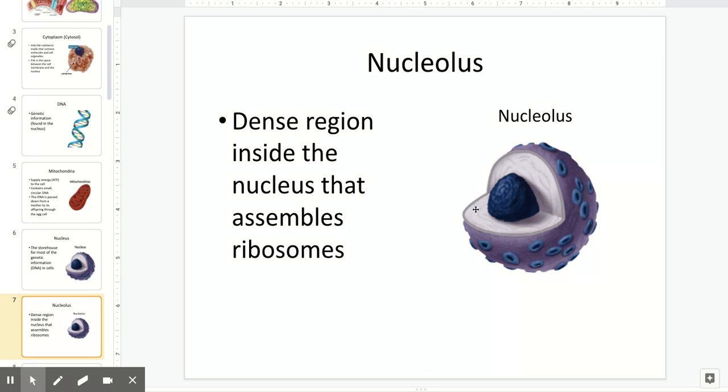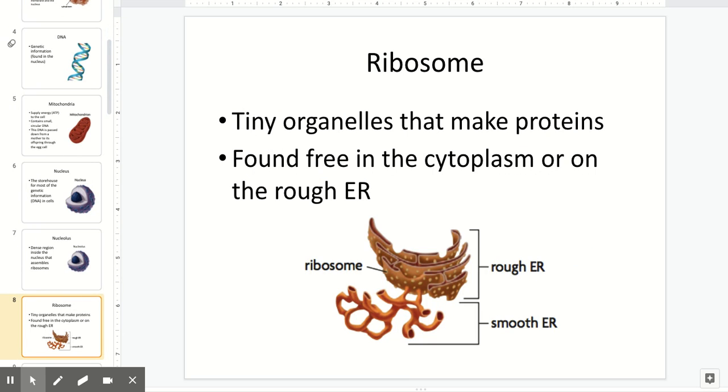So this whole thing is the nucleus. There's a nuclear envelope that surrounds the nucleus, but then zooming in on this middle part, this is the nucleolus, and this is where ribosomes are made. Ribosomes make proteins, and they are found either floating around, we call those free floating, in the cytoplasm, or attached to the rough endoplasmic reticulum.